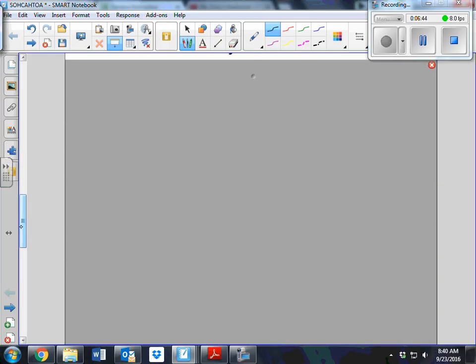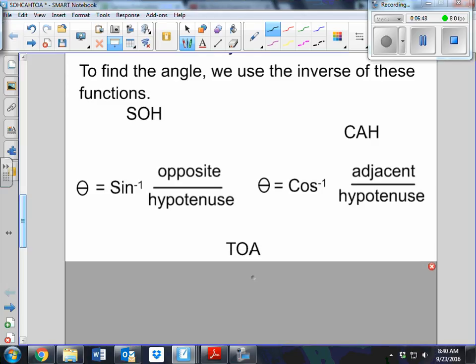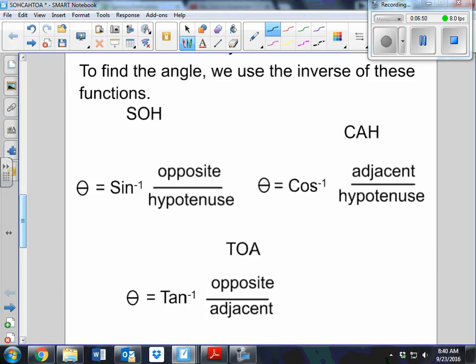Now let's say that we need to find the angle, and we only have two sides. Well, we can use the opposite function, and it's called the inverse function. On your calculators, you simply hit the second button, and then you hit that same function.